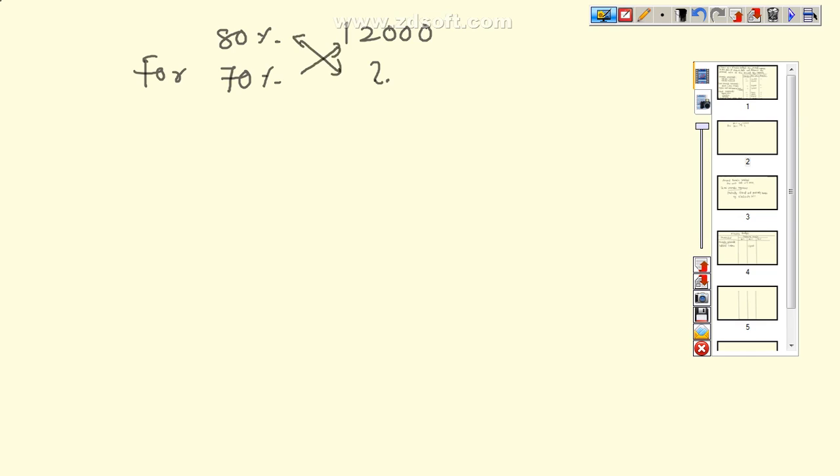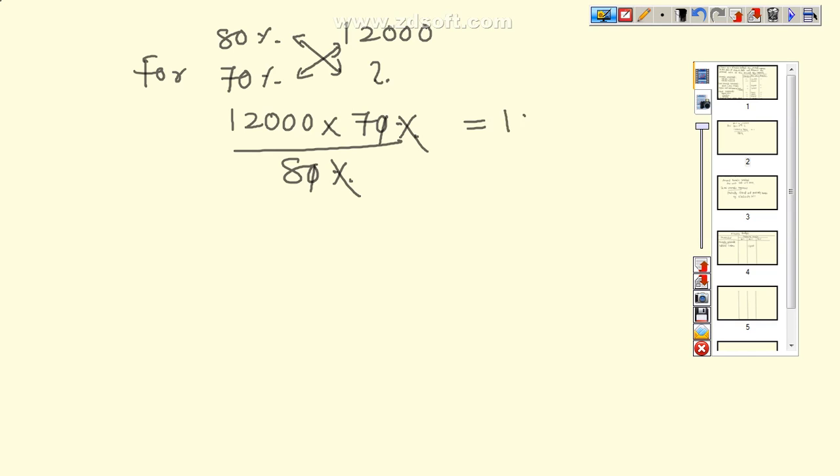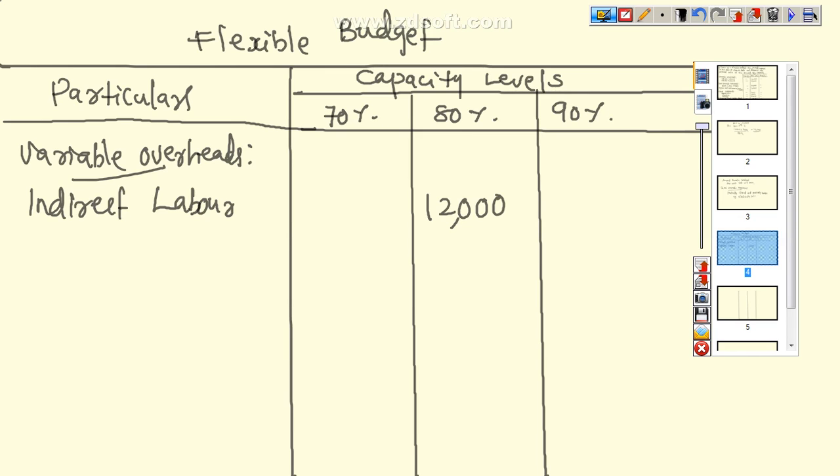For 70% capacity, amount is equal to 12,000 multiplied by 70% upon 80%. Cancel the percent and 0, then that is equal to 12,000 into 7 upon 8, that is equal to 10,500. So we write it in this table.